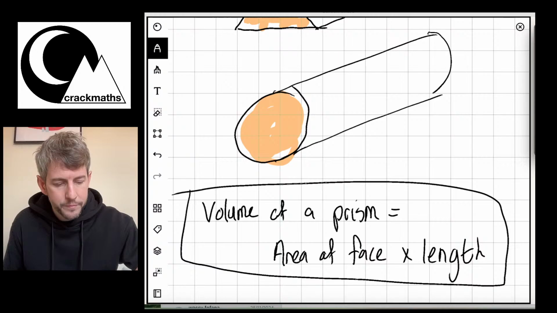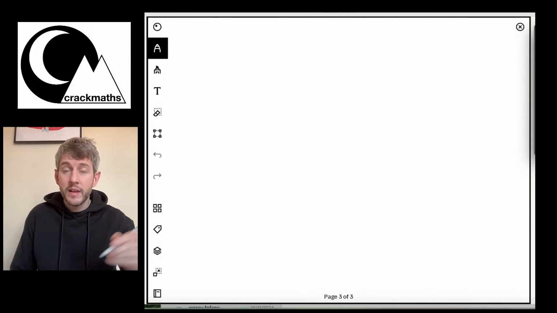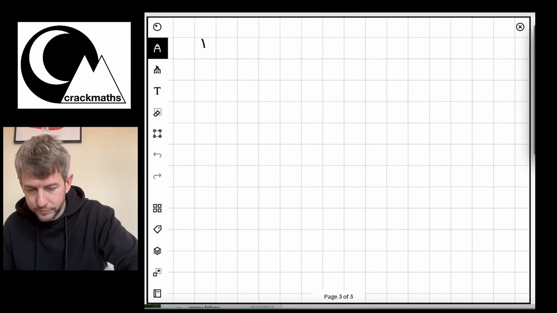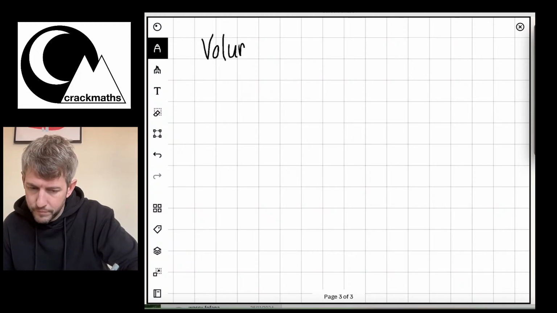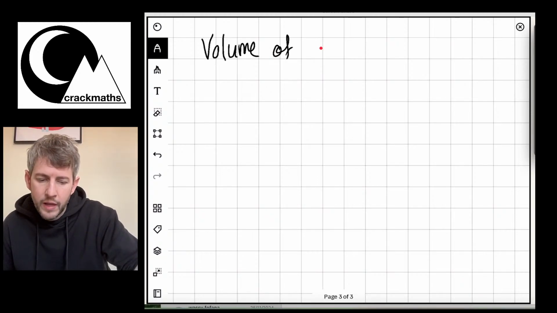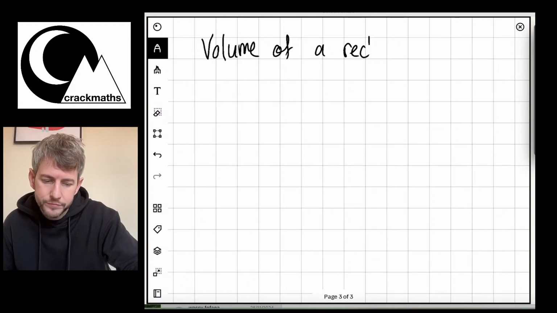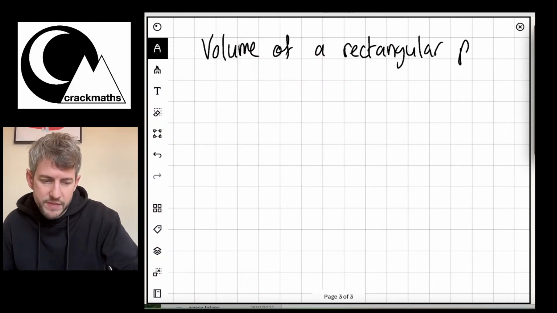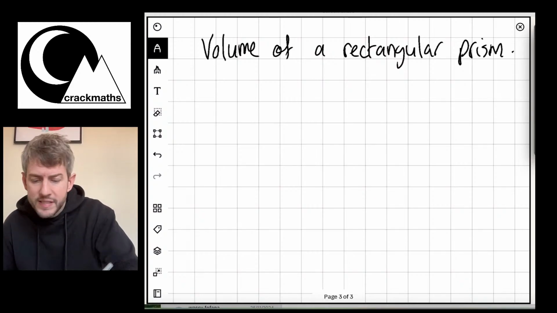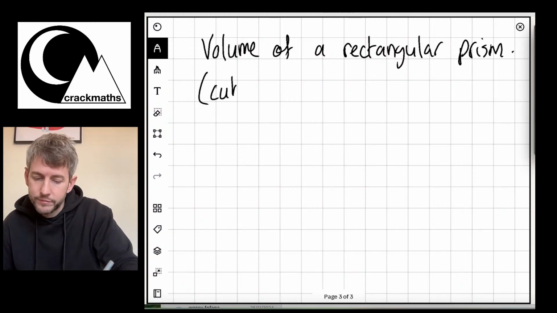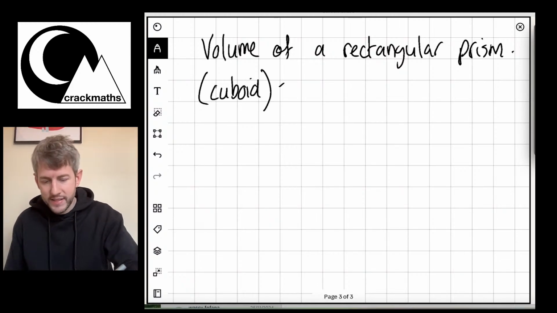Okay, so first of all, let's look at the volume of a rectangular prism. This is also known as a cuboid. Okay, so let's say I have a rectangle at the front.